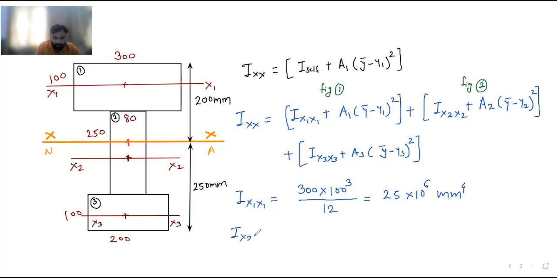Similarly, calculate Ix2x2. Then the second axis is also cutting the dimension of 250. So it is 80 into 250 cube divided by 12.